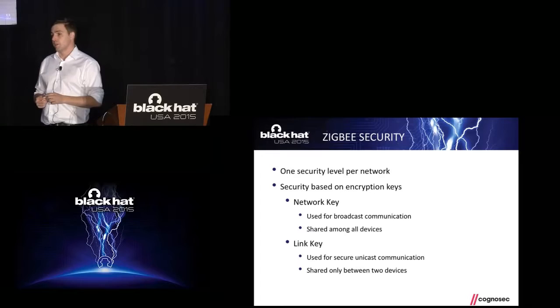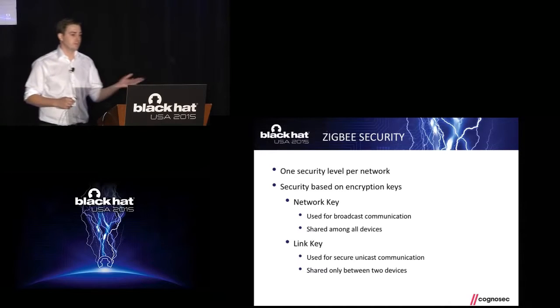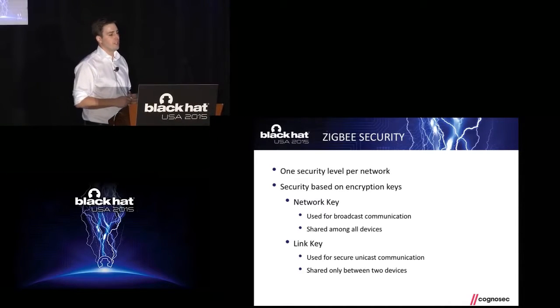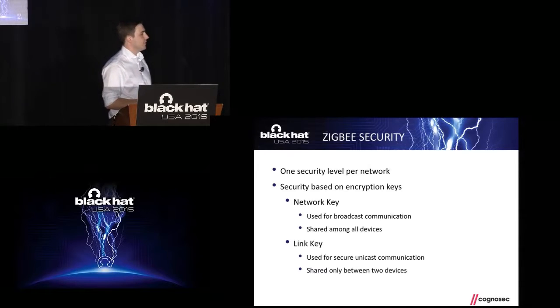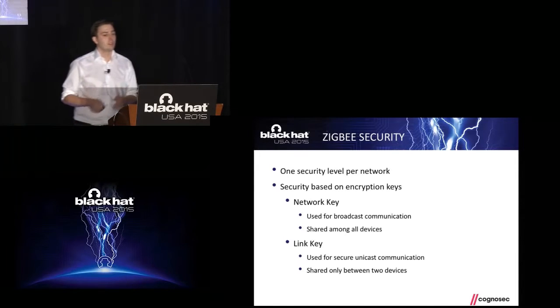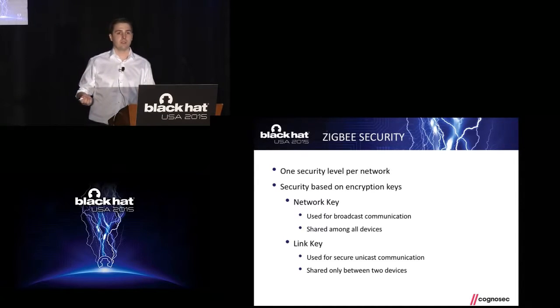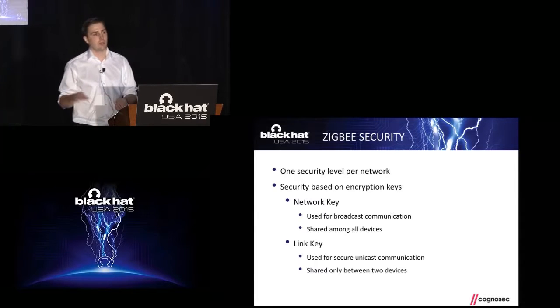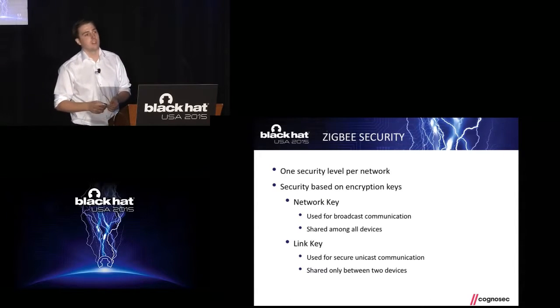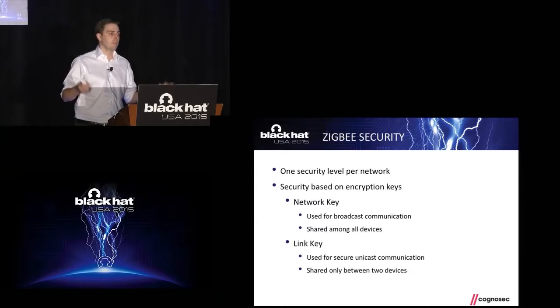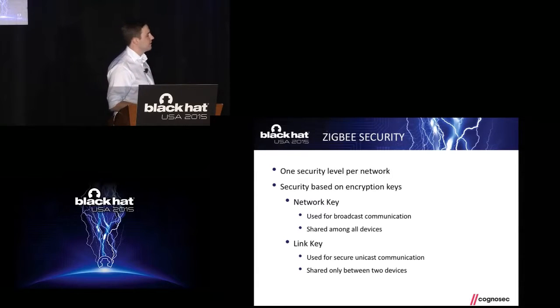As they're doing symmetric encryption, the security is obviously based on the encryption keys. They apply two kinds of keys which are important for us. These are network keys, used on the network layer for broadcast communication, so every message is encrypted on this level.